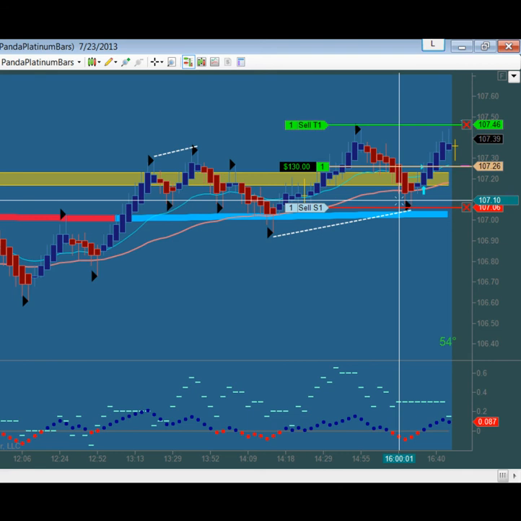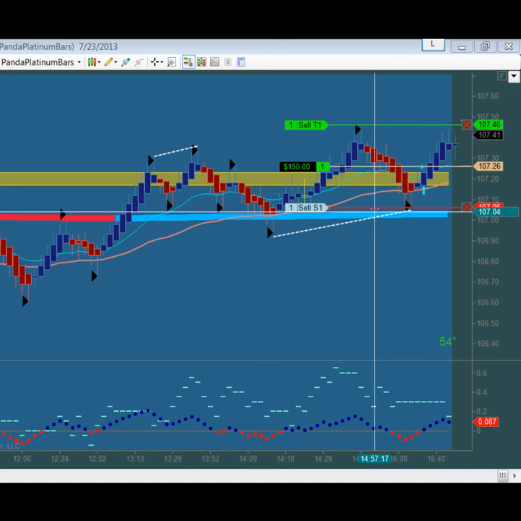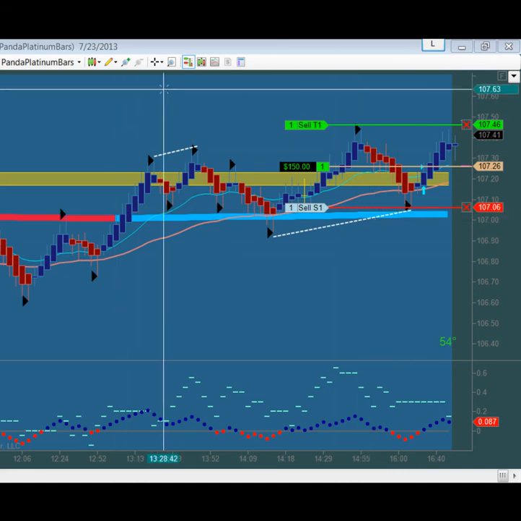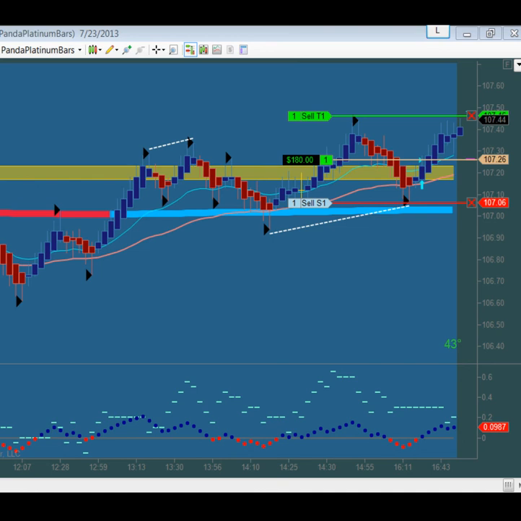Let's just see if we get filled here at 20 ticks. Target filled.